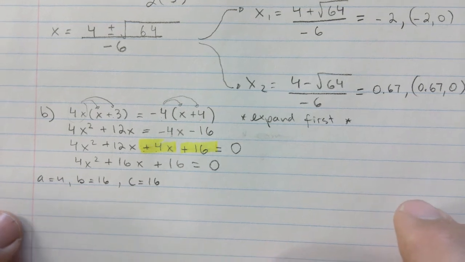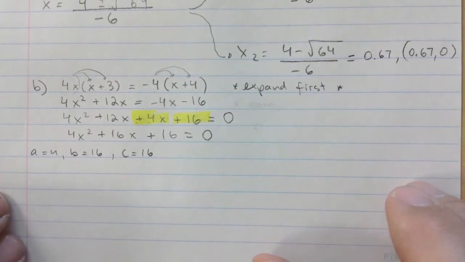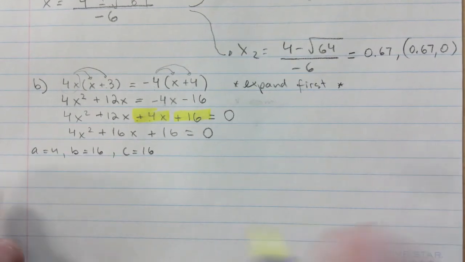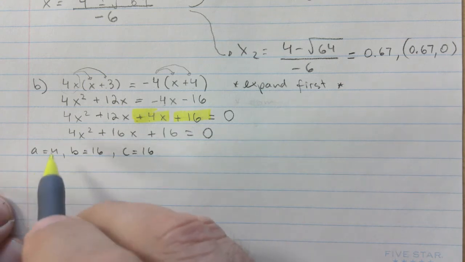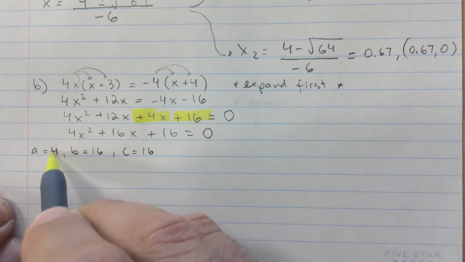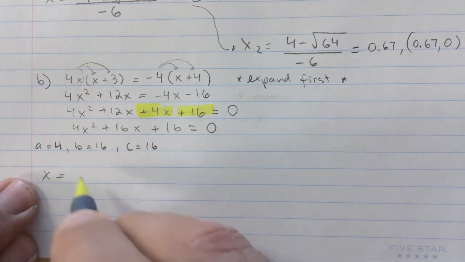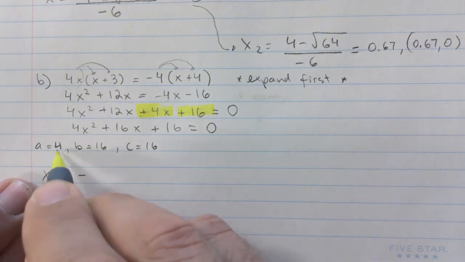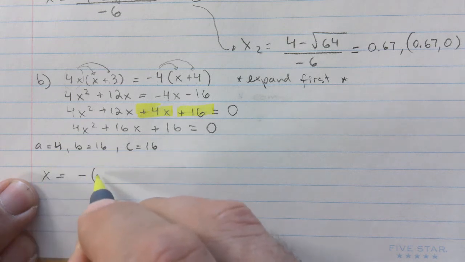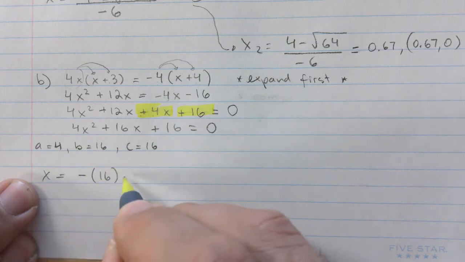And I used examples that actually have nice round numbers for the most part. Okay. So there it is. This is just going to be -16. 16 is positive, right?